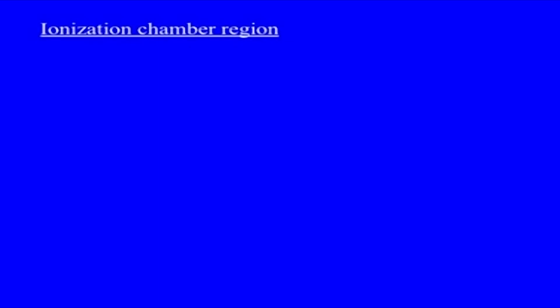Now, let us start with the ionization chamber region. We have already discussed the recombination region, where the voltage is so low that most of the ion pairs recombine and the pulse flow is very low. In the ionization chamber region of the curve, each radioactive particle produces only one ion pair per collision.